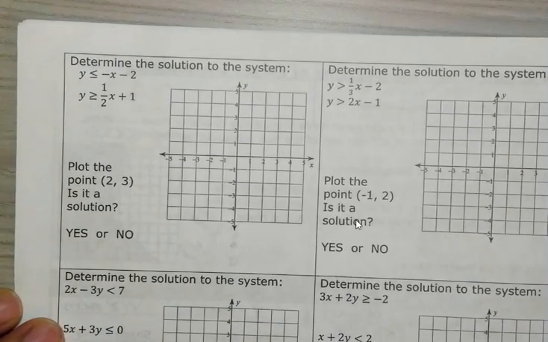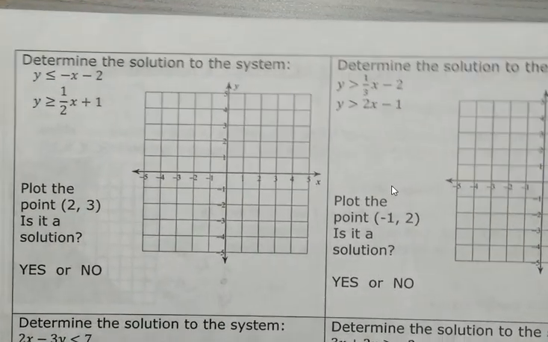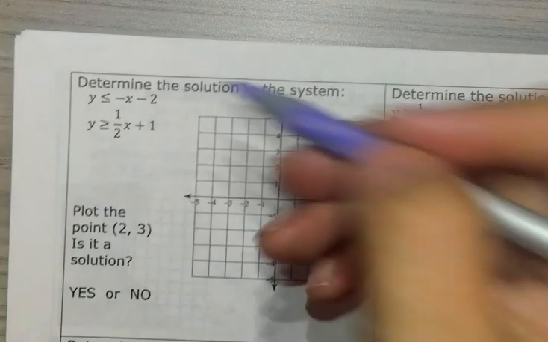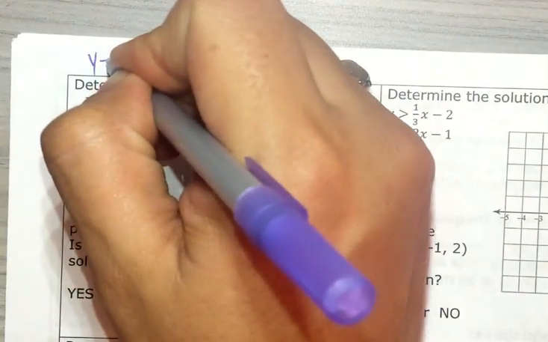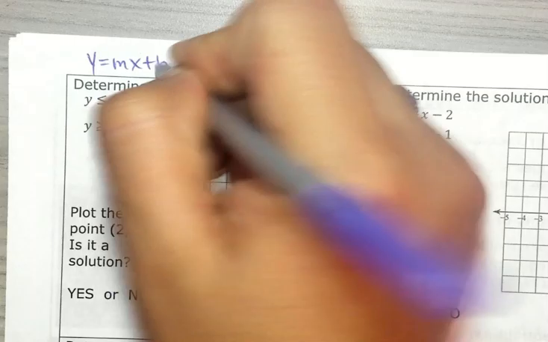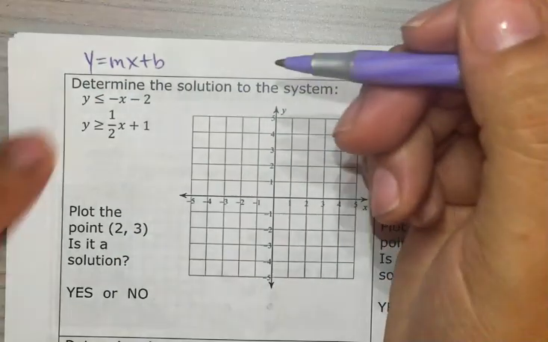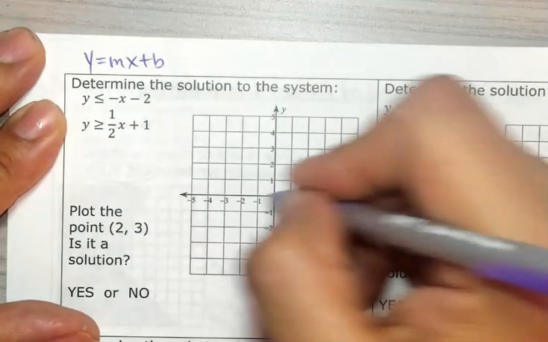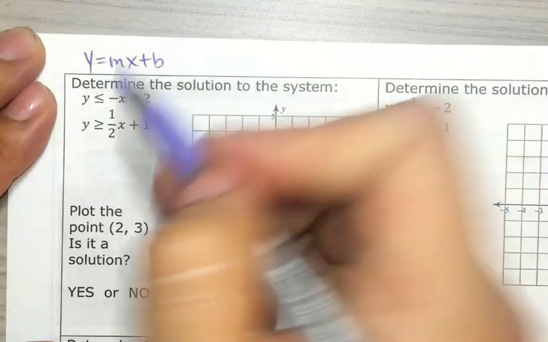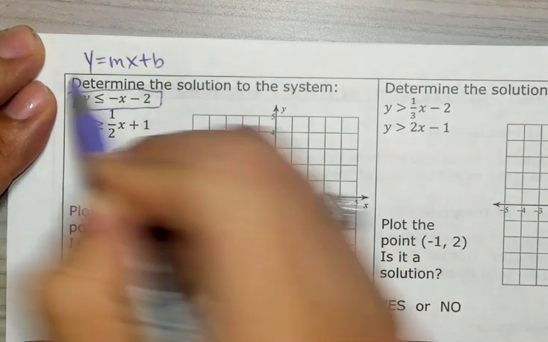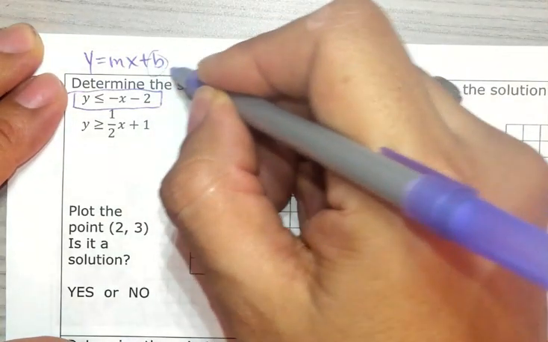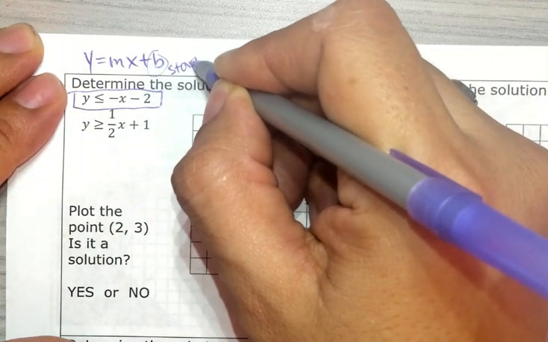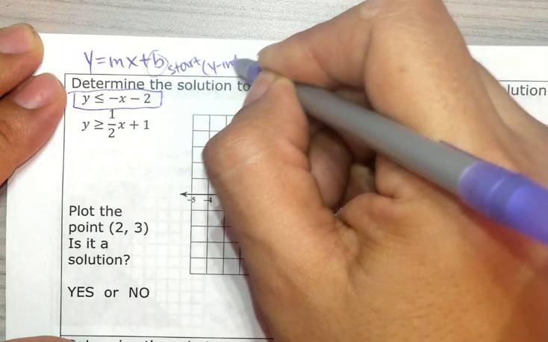The first one here, I consider level 1, because the inequalities are given to you already in the format of mx plus b. And when they're already in y equals mx plus b form, you just have to plot the points and shade. So the first one, I'm going to color coordinate. You want to start with the b value, that is your y-intercept.